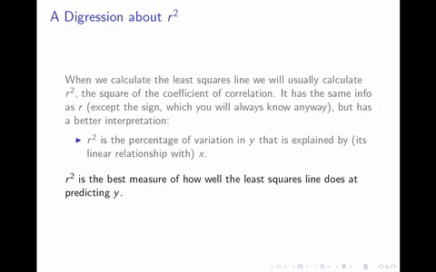If you're just guessing somebody's GPA without knowing anything, it could be anywhere, some reasonable guess, maybe 3 something, and you wouldn't be surprised to be off by a whole point of GPA or something like that. If you know somebody's IQ, you plug it in the least squares line, you get a better guess.